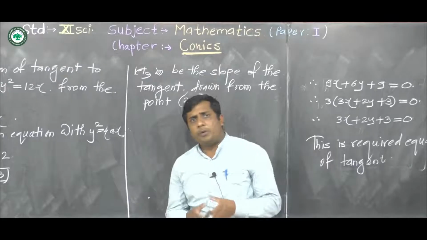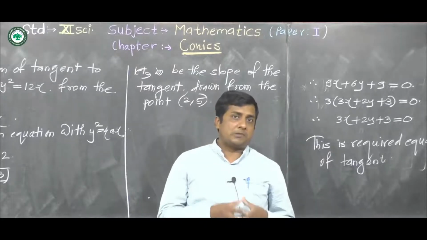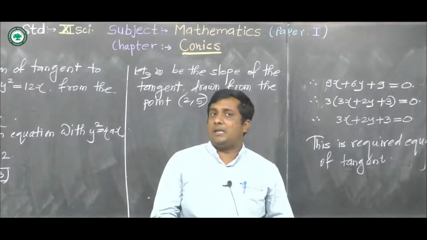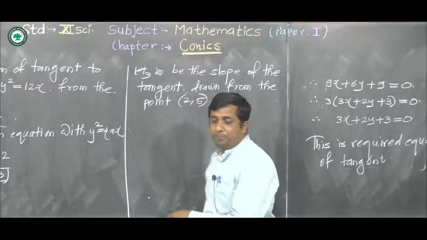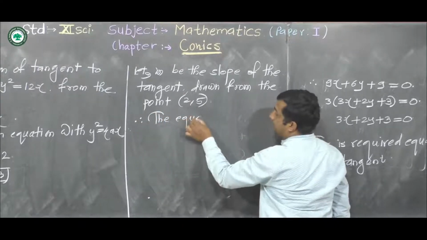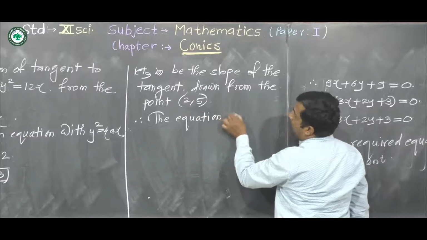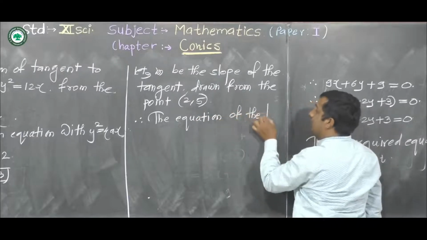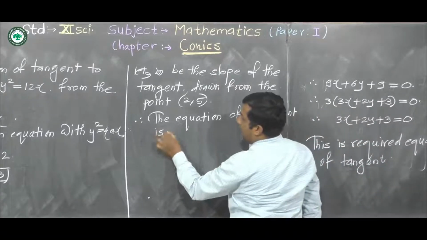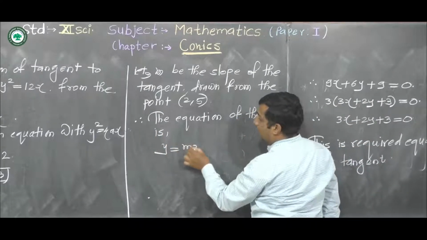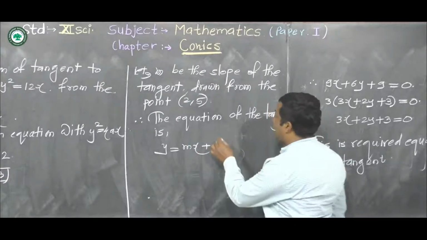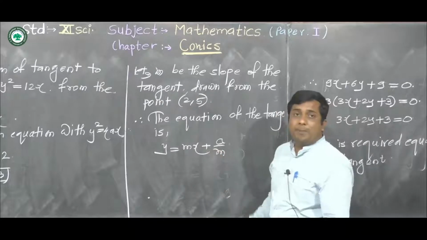Now here everyone knows the equation of tangent in terms of slope, and it is y is equal to mx plus a by m. Therefore the equation of tangent in terms of slope here is y is equal to mx plus a by m.